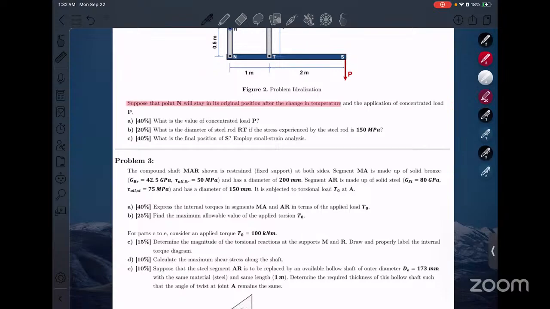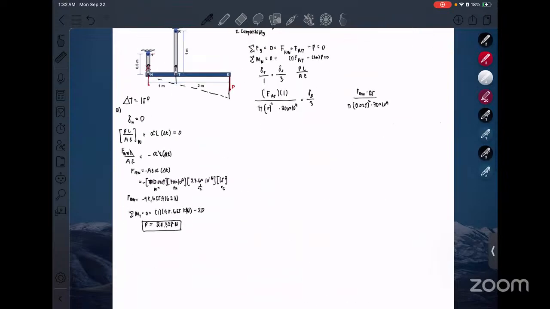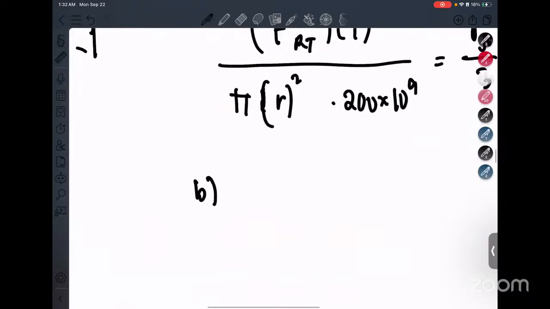What is the diameter of steel rod RT if the stress experienced by the rod is 150 megapascals? So we want to look for the diameter of the rod given an experienced stress. How do we relate stress and radius?